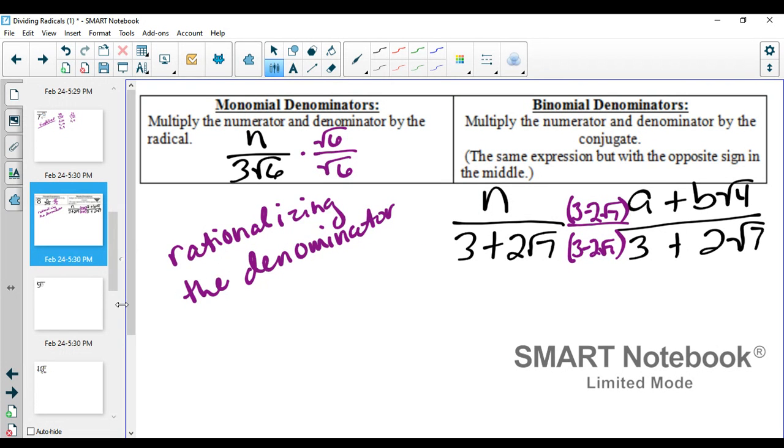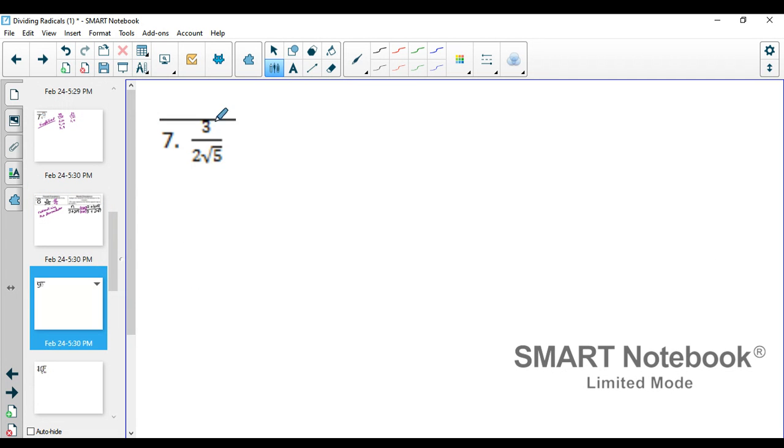All right. So our first example, we have 3 over 2 square root of 5. Because we have the square root of 5 left in the denominator, we're multiplying by the square root of 5 over the square root of 5. So 3 times the square root of 5 is just 3 square root of 5. And now, this is where we have a little bit of a cheat. We have the square root of 5 times the square root of 5.